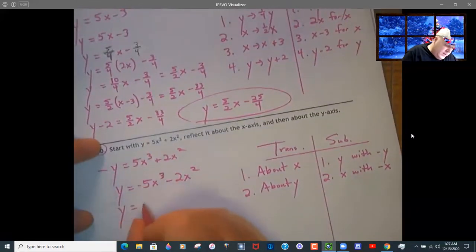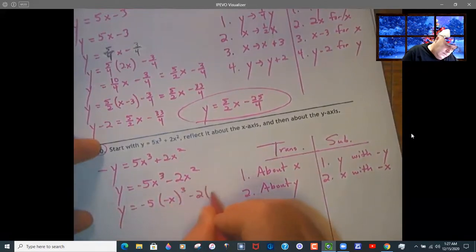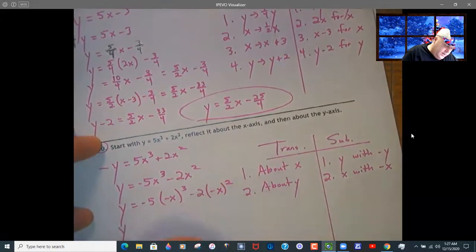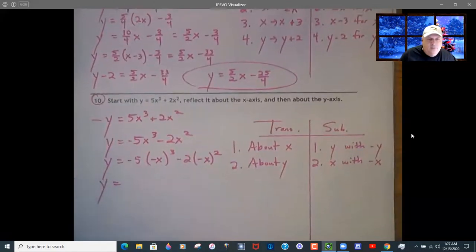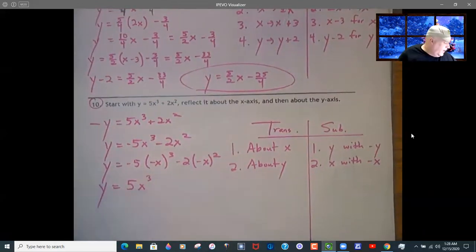So again, we have these powers happening, so you have to think a little bit on this. The negative x cubed, negative x to the third power, is negative x cubed. So this here produces a positive 5x cubed.